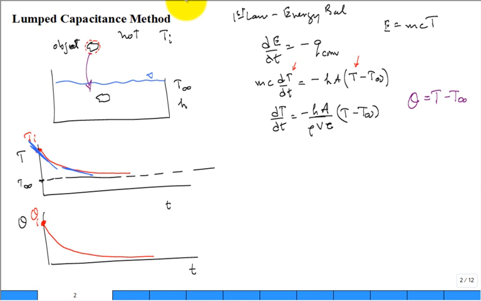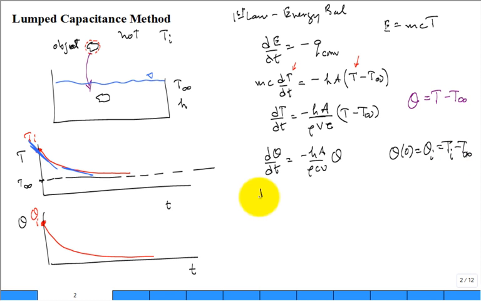So what do we have for our differential equation? d theta/dt is equal to minus hA over rho c V times theta, with the initial condition, theta at time 0 is equal to theta initial, which is the initial temperature minus the temperature of the fluid. So let's solve this problem. Separate, integrate.